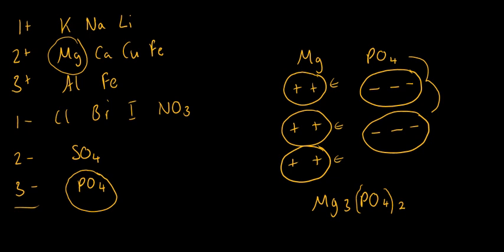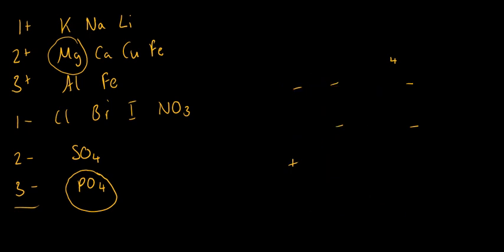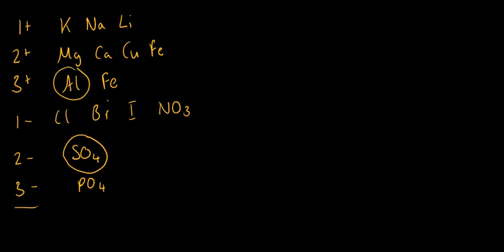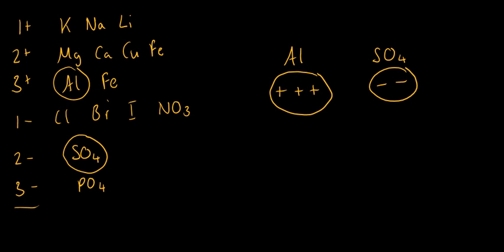Okay, so let's have a look at another one. Let's say, for example, in the other direction now, I had SO4 and Al, so aluminium sulfate. So you pause the video and have a go at doing this. Okay, so Al is 3 plus, 1, 2, 3, and sulfate is 2 negative.